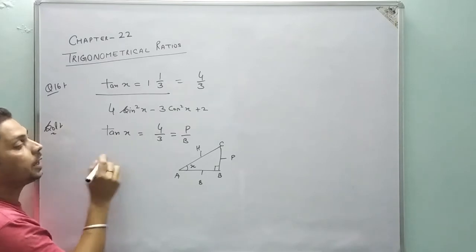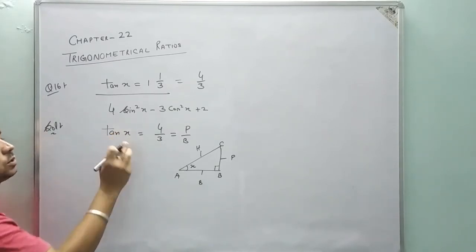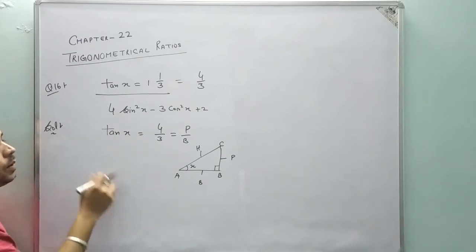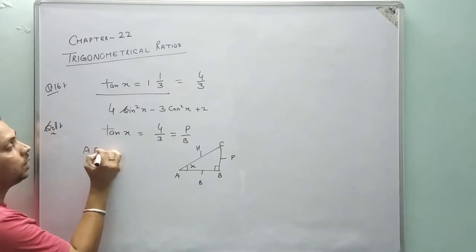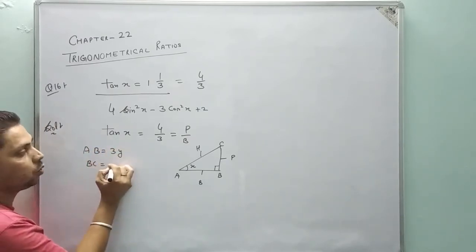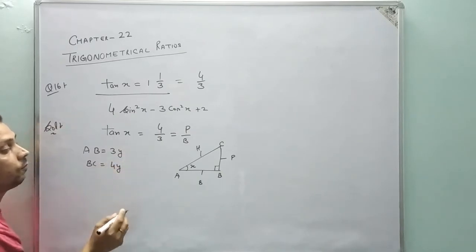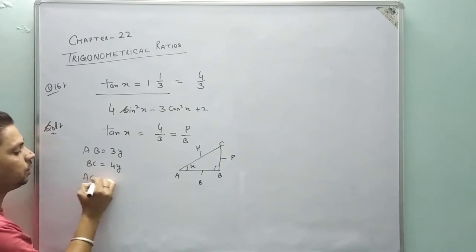So we'll take the common ratio as y, since the angle x is already given. So we'll take any random variable as y. AB is equal to 3y, and BC is equal to 4y. Which term is missing? AC is missing.